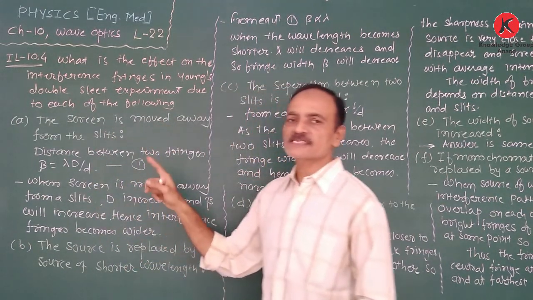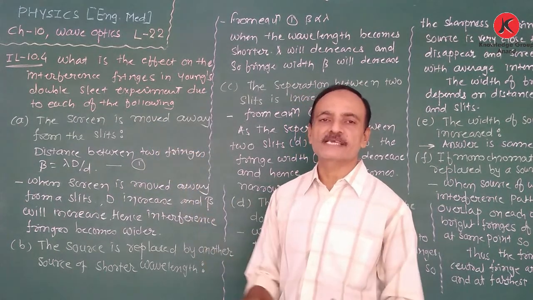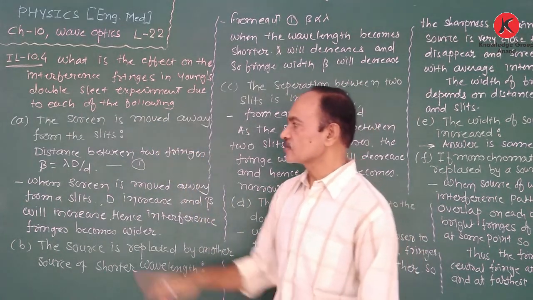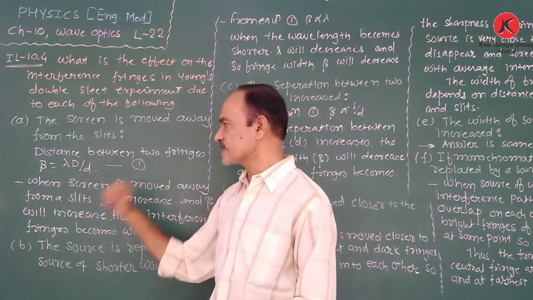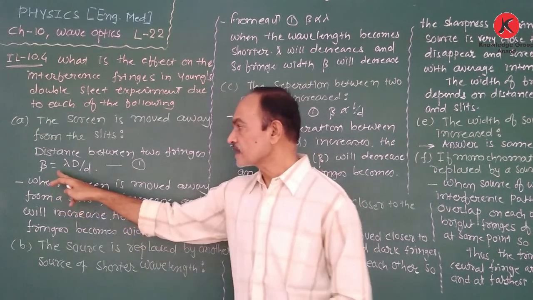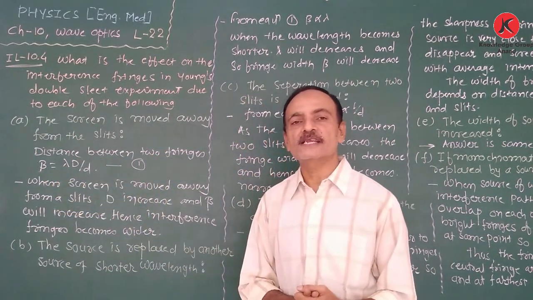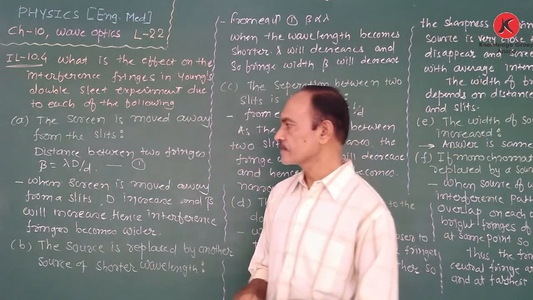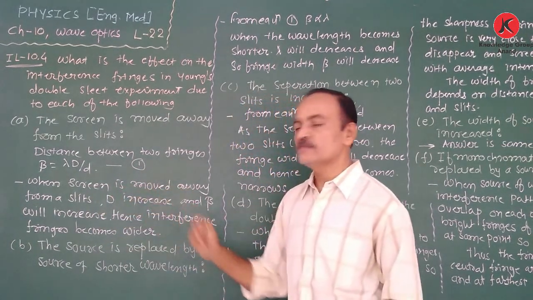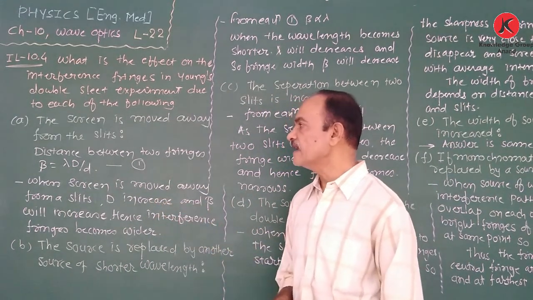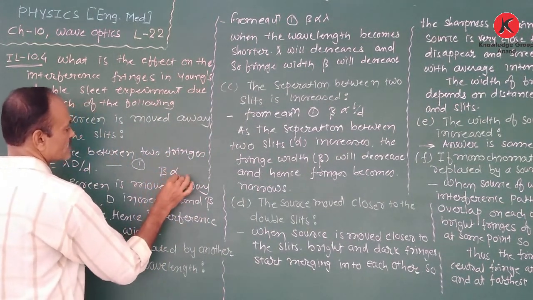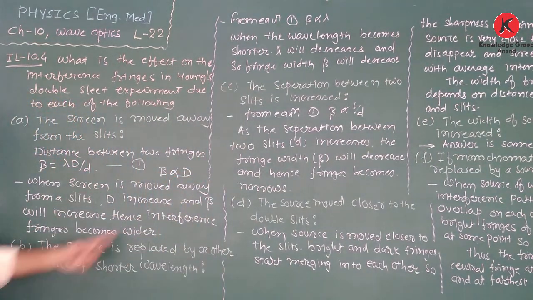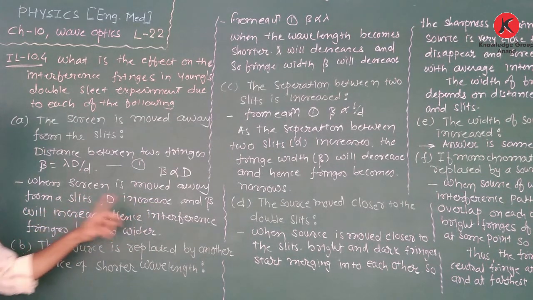According to our question, if the screen is moved away from the slit, capital D is increased. Lambda upon d, the angular separation of the fringes, is constant. Therefore, from this equation, beta is directly proportional to the distance between the slit and screen. When the screen is moved away, D increases and beta also increases, so the interference fringes become wider.